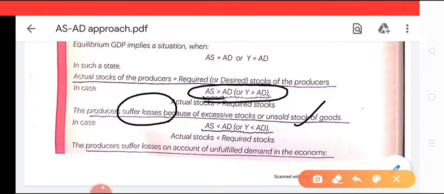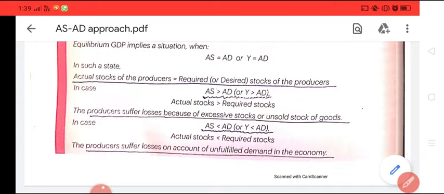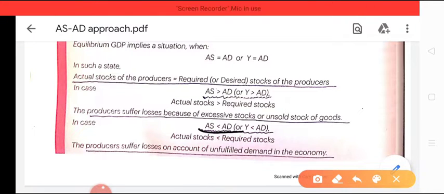On the other hand, if aggregate supply is less than aggregate demand, what will happen? Actual stocks are falling short of what is required by the general public. So again the producers will suffer loss because of the unfulfilled demand in the economy.